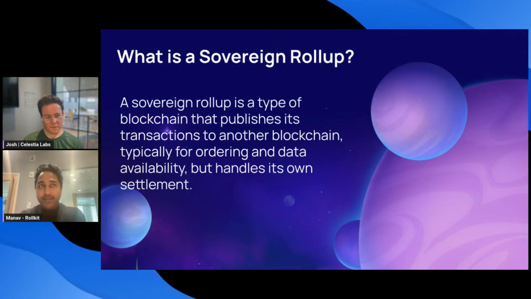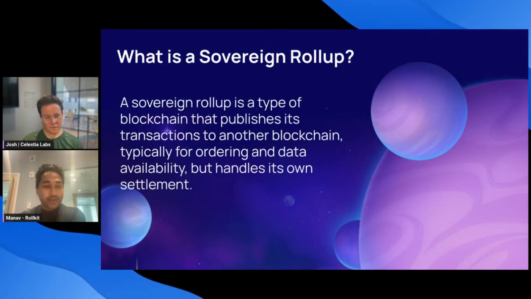The transaction data that they post could be on Ethereum, or it could be on another layer like Celestia. That's a different question. But those rollup frameworks would have a smart contract on Ethereum, called a bridge contract, and you have to constantly prove to that chain that your state was correct.